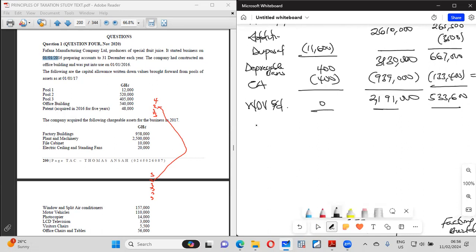So you come to here, you come to year of assessment 2018. Then that is why I say do it in different pages. All right. So you have 1st January 2018 to 31st December 2018.